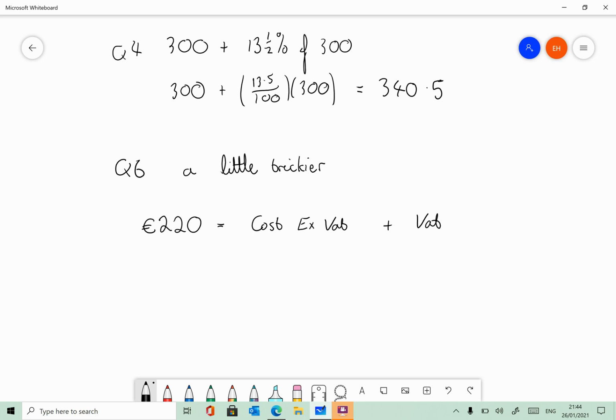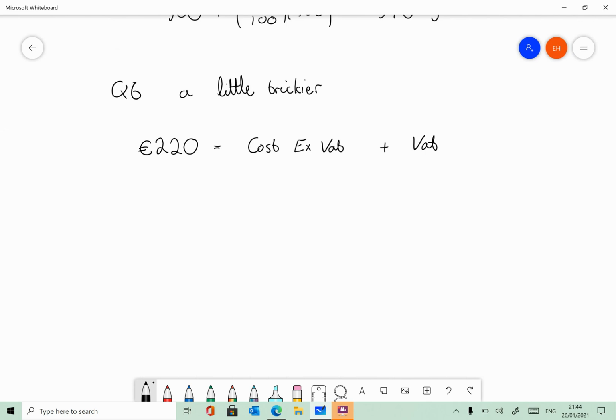Now, the VAT is charged at 10%. VAT, that should be all capital, sorry. VAT is 10%. Then you need to get that 220. You need to understand this, that €220 is the same thing as 110%.